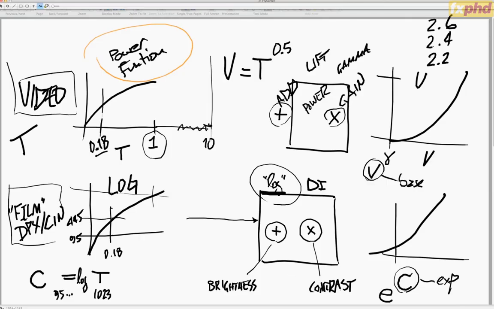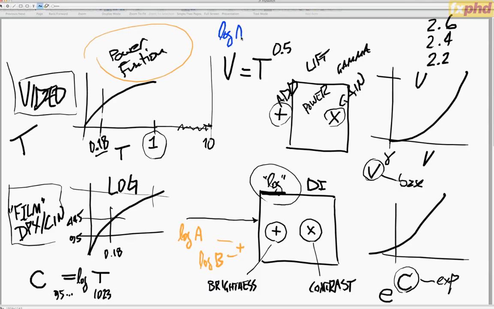But addition of logarithms, somebody already did log of A. And if you take log of B and you add those together, well, there's a piece of math. I hope this doesn't scare anybody off, but hey, this is 300 level, 302, so let's do it.